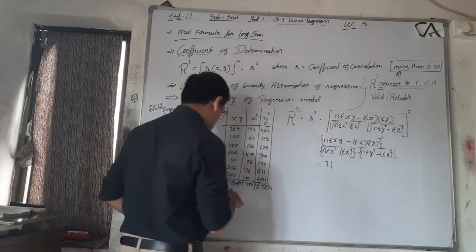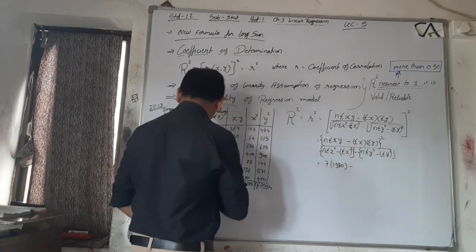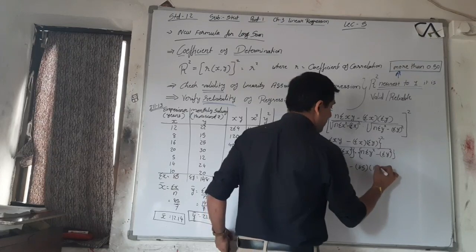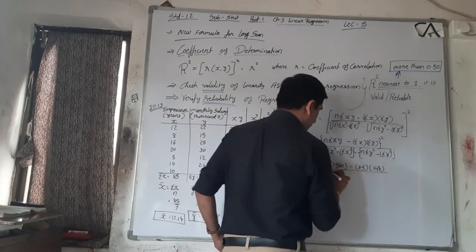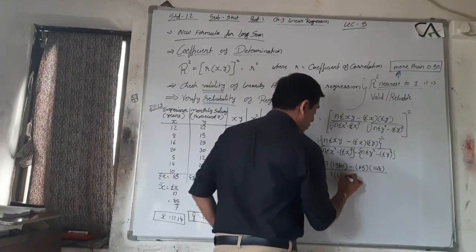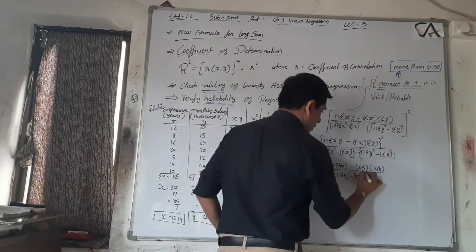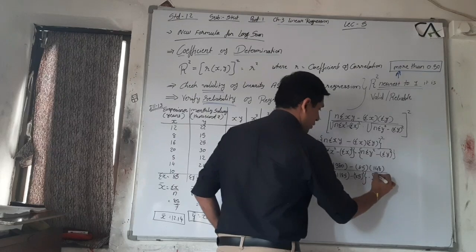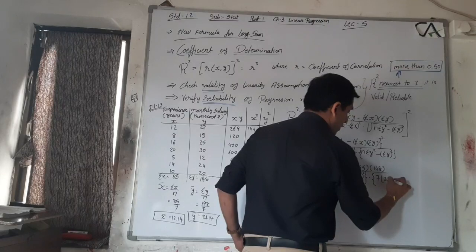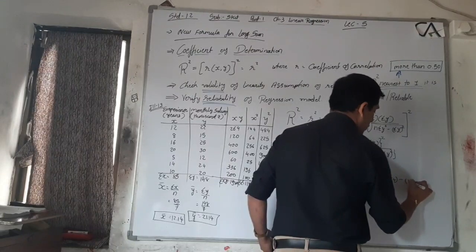Sigma xy is equal to 1980 minus sigma x, that is 85, sigma y, that is 148, upon n, that is 7, sigma x square 1185 minus 85 square, into 7, sigma y square, that is 3354 minus 148 square.